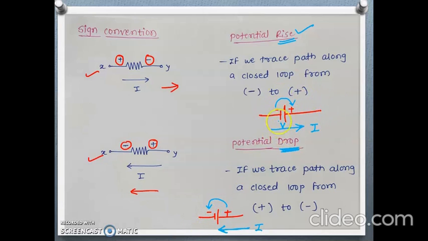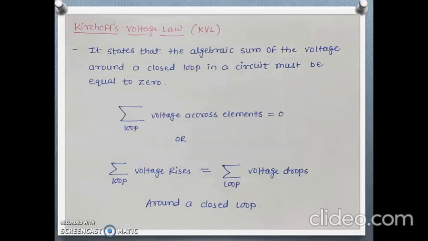Then if we are tracing from negative to positive, we will write positive V because it is a potential rise case. And if we are tracing from positive to negative, we will write negative V because it is a potential drop. In this manner we are going to use the sign convention and the concept of potential rise and potential drop.